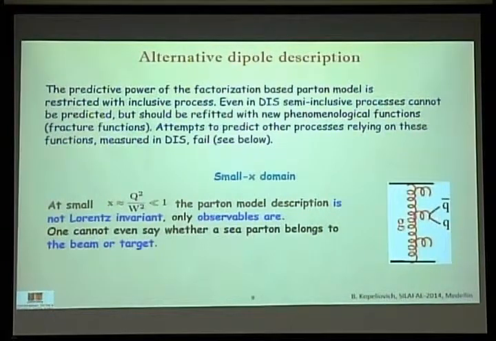So I should say this pair belongs to the beam, and vice versa, when I'm sitting in this reference frame, then this is the source of this fluctuation. So for this reason, I said F2 is not really structure of the proton. For valence quarks, it's okay, but not for sea quarks at small x.